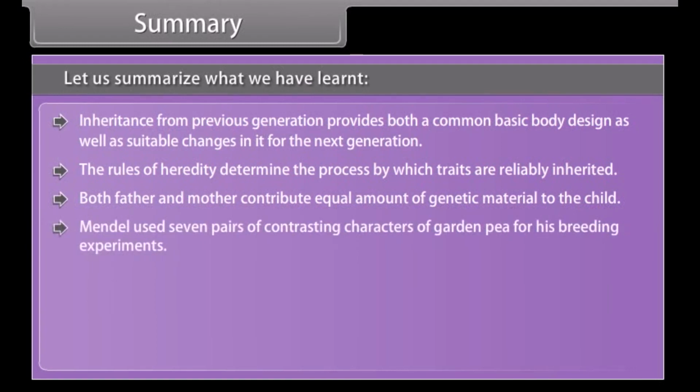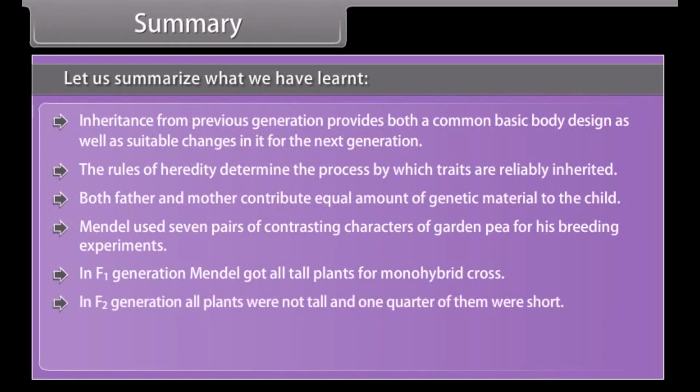Mendel used 7 pairs of contrasting characters of the garden pea for his breeding experiments. In the F1 generation, Mendel got all tall plants for the monohybrid cross. In the F2 generation, all plants were not tall and 1/4 of them were short.